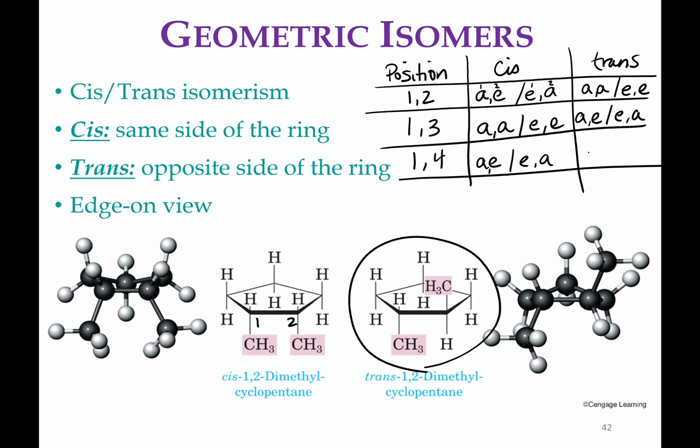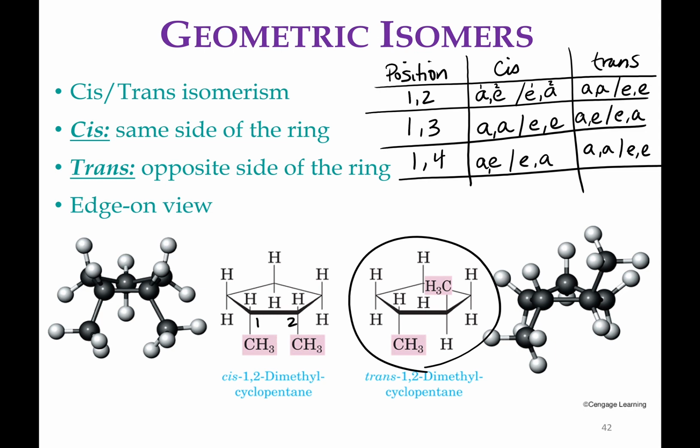I'm starting to say the words wrong. And then in 1 and 4, they could be axial, axial, or equatorial, equatorial. So that's if you need to draw out what I'm going to ask you to do in just a moment, draw out an isomer using cis-trans. So this is only if we have disubstituted cycloalkanes that we're going to be dealing with this.